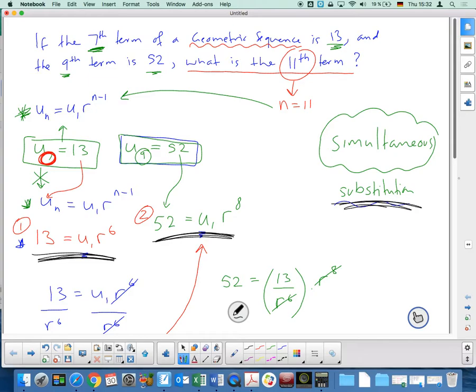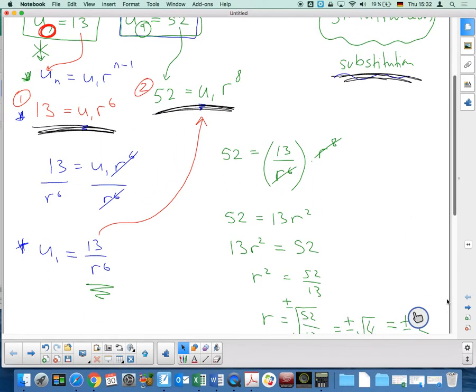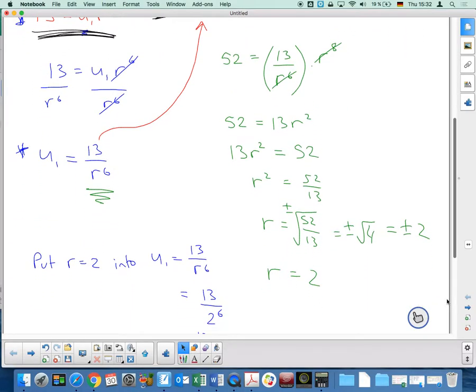But you can actually make a shortcut here if you understand how geometric sequences work. Because here's another way of getting the answer. In the question, they told me that the 9th term is 52, and I'm looking for the 11th one, and I've already discovered, when I solved them simultaneously, what the common ratio was, the number that I'm always multiplying by.